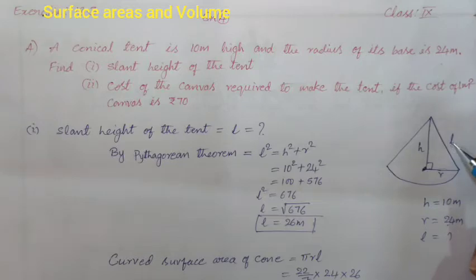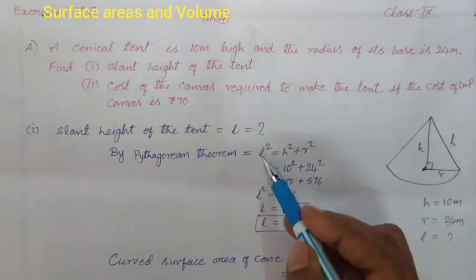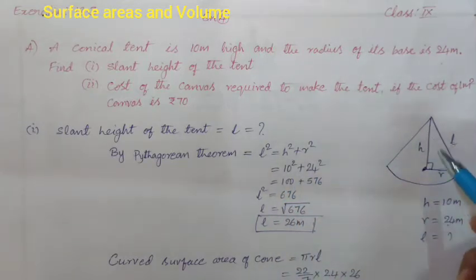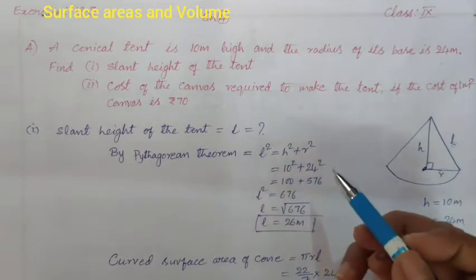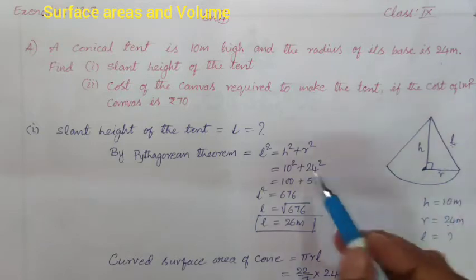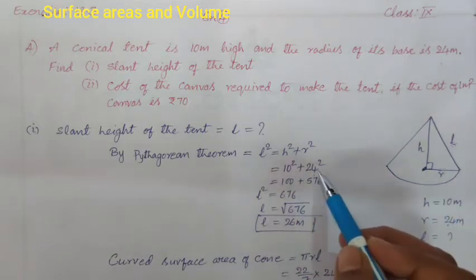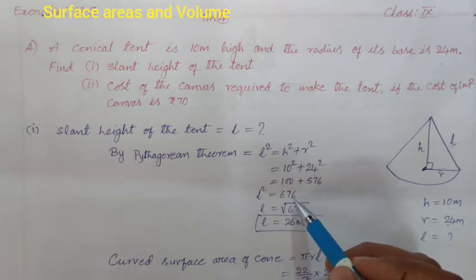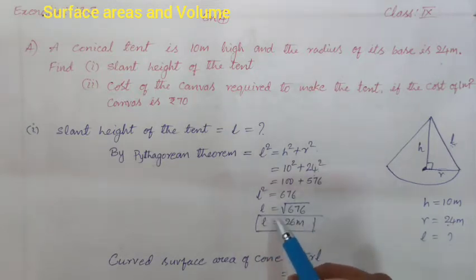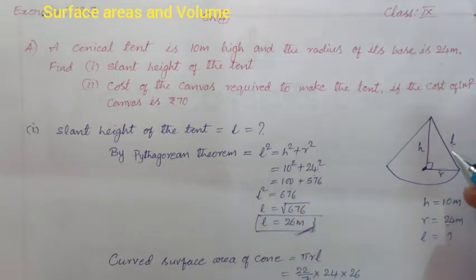So L square is equal to the sum of the squares of the other two sides, that is h square plus r square. H is 10 and r is 24. Substituting the values we get 676. The root of 676 is 26 meters.